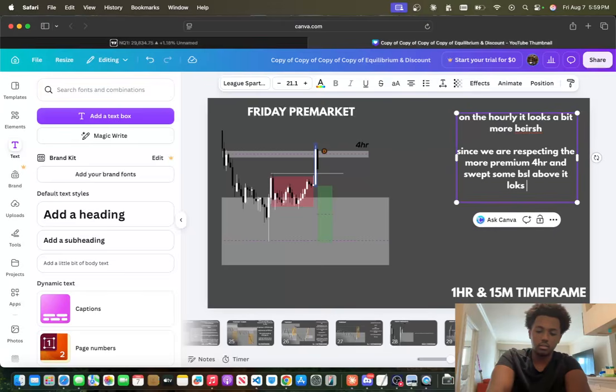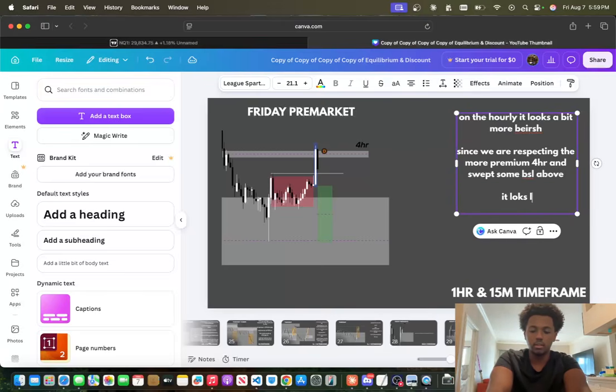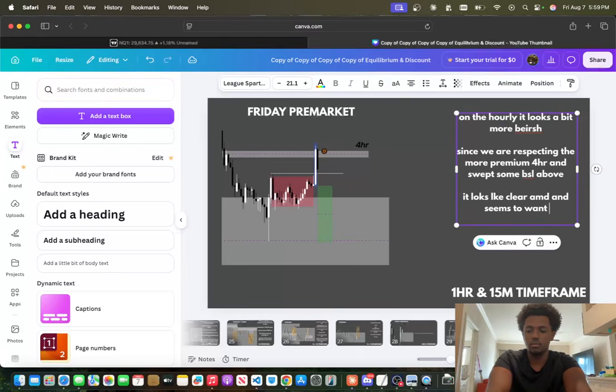It looks like clear AMD, and seems to want to distribute lower.